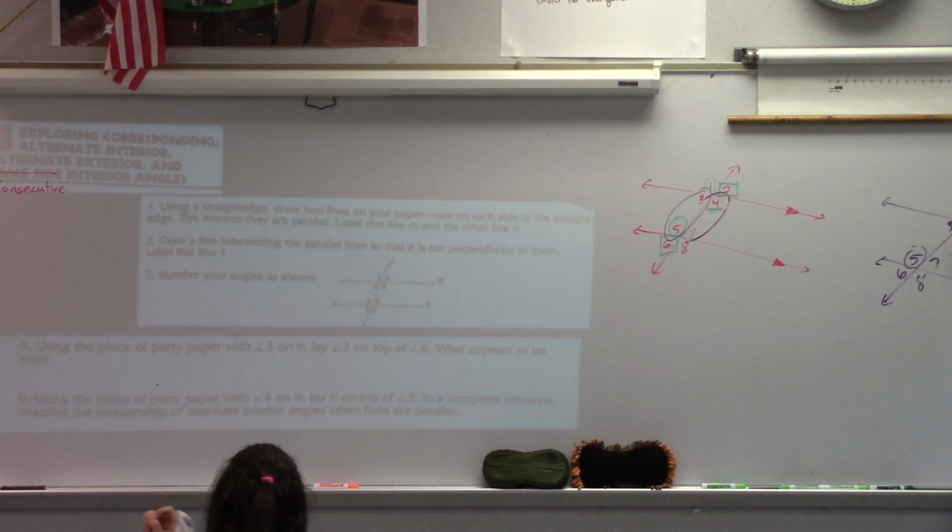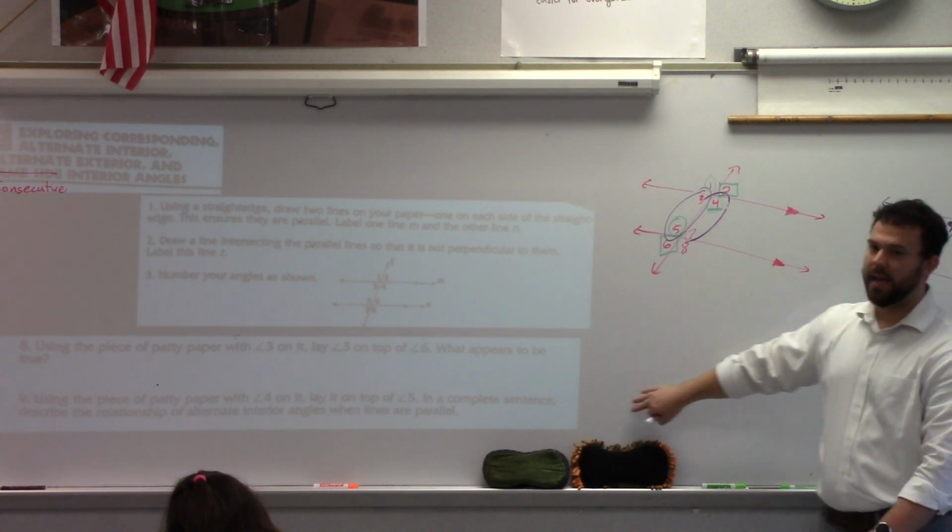We found out that these angles are, are they congruent, supplementary, or complementary? Consecutive. I mean congruent. Remember, consecutive means same side of the transversal. Now see, this angle, remember how it matched this angle? So they are congruent. So we should already have this under number 9.